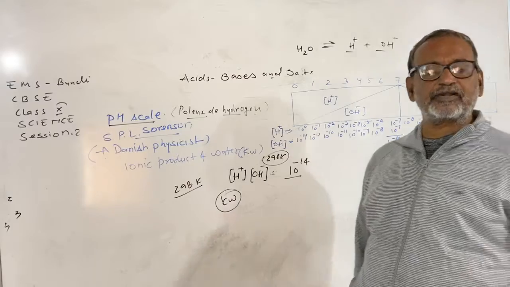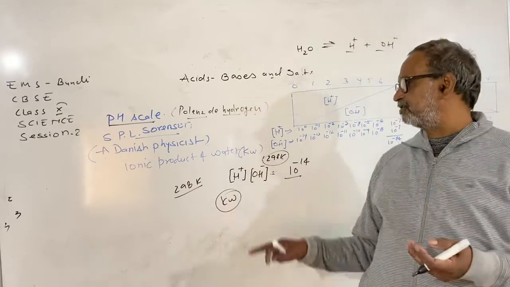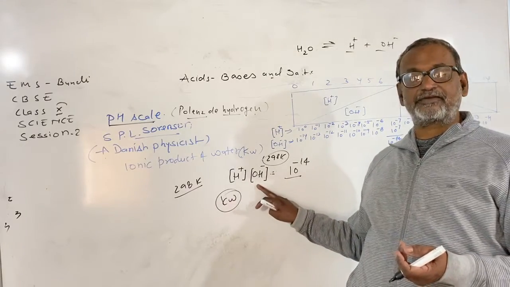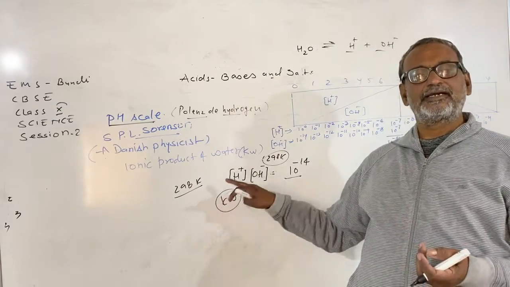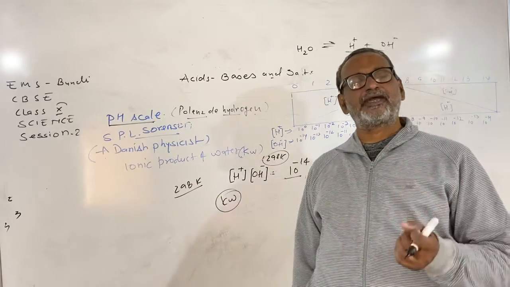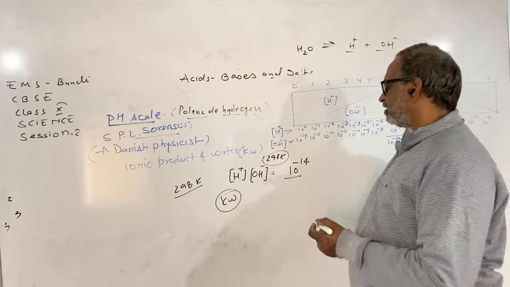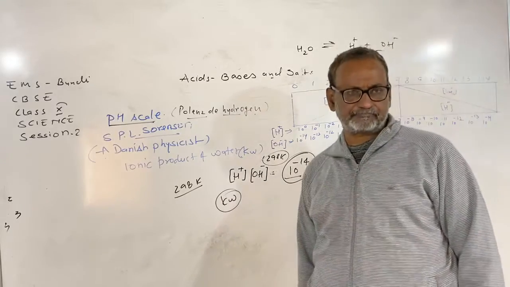So what is the ionic product of water? The product of concentration of hydrogen ion and concentration of hydroxide ion at 298 is known as the ionic product of water, and its value is 10 raised to the power minus 14.